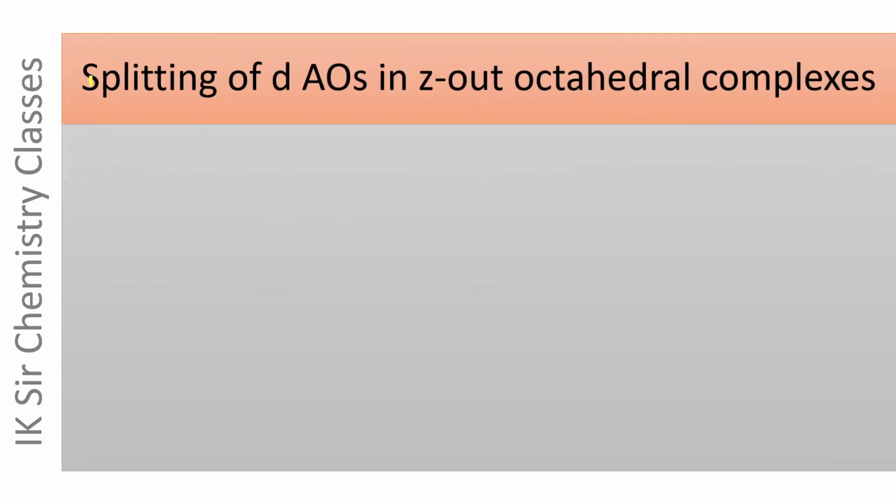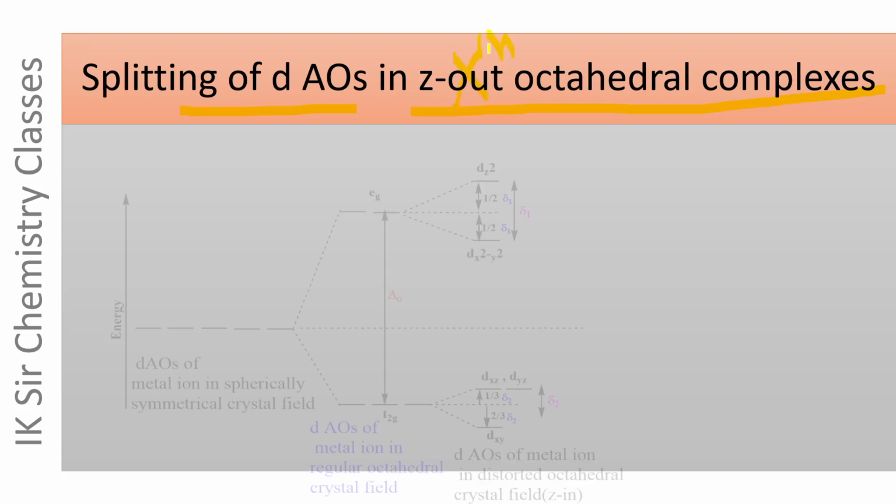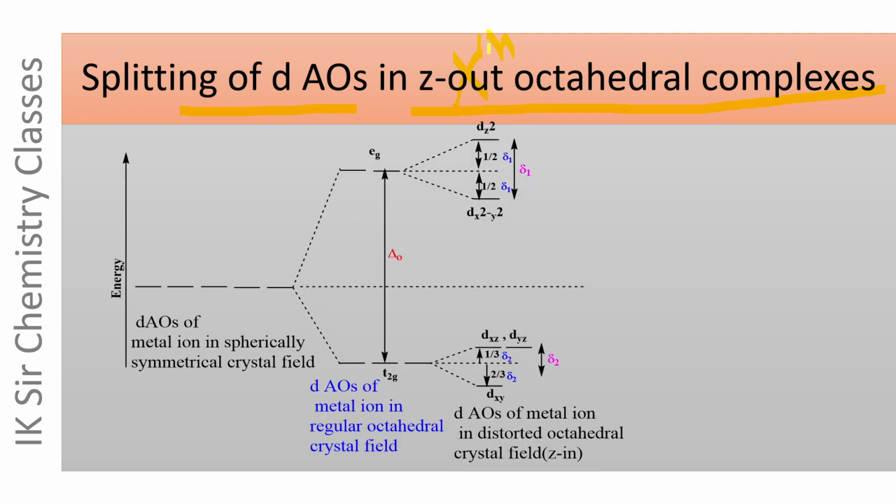Similarly, let us see a splitting of d atomic orbitals in Jahn-Teller in octahedral complex. It should be Jahn-Teller in, not Jahn-Teller out.